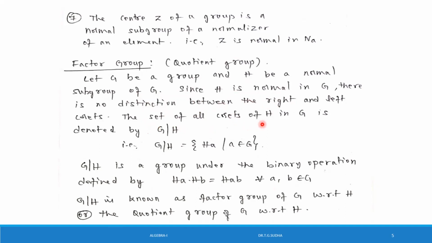The set of all cosets of H in G is denoted by G/H, and the set G/H will contain all cosets of the form Ha, where a belongs to G. G/H is a group under the binary operation defined by Ha times Hb is equal to Hab for all a, b belongs to G. G/H is known as a factor group of G with respect to H, or it is also known as the quotient group of G with respect to H.